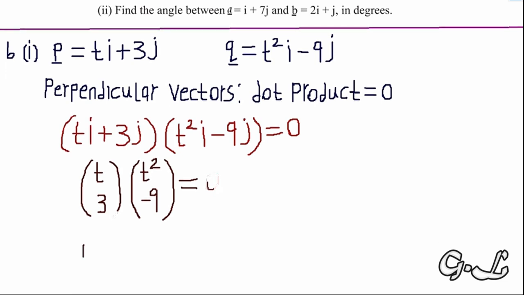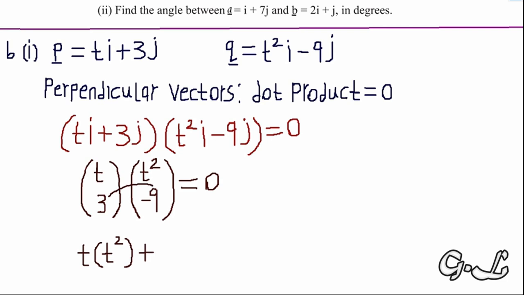The way we work this out is that you need to multiply those. Since there's a multiplication sign between those two, we have to multiply the terms which correspond to each other. So in such a case, t corresponds with t squared, so we're going to multiply it with that one. So it will be t open brackets t squared close brackets plus.